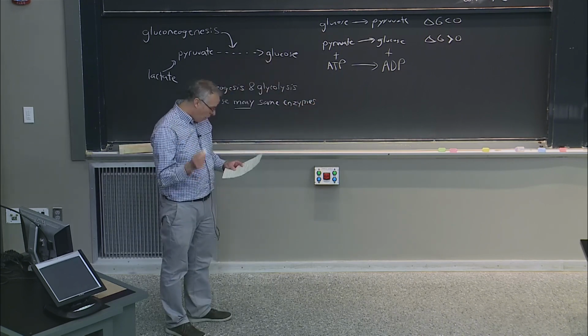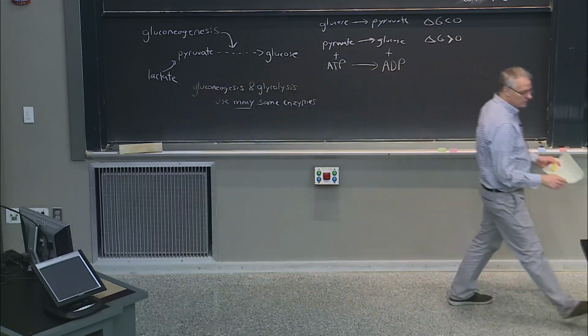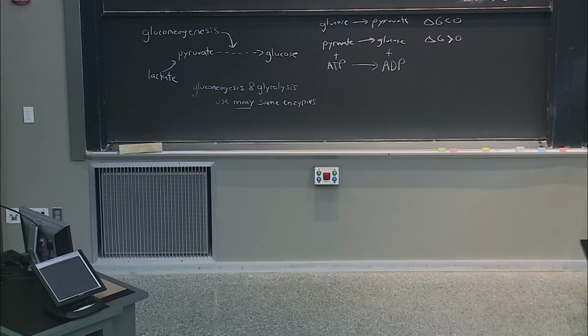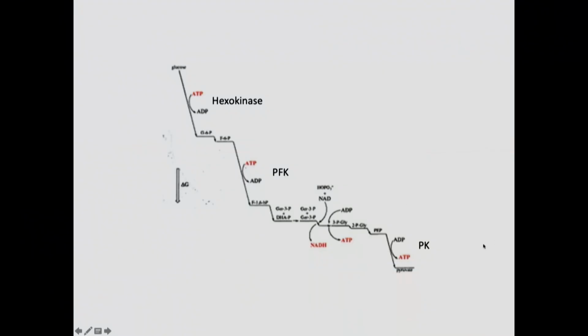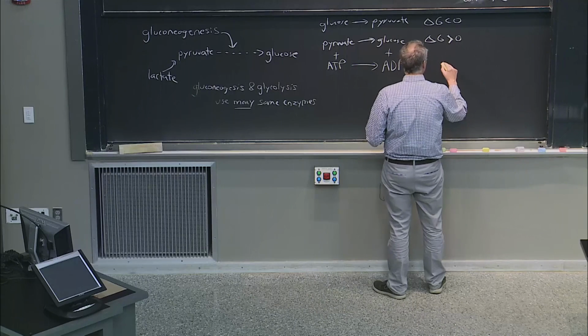However, not all of the enzymes are the same, because we need different enzymes if we're going to get around the hexokinase, phosphofructokinase, and pyruvate kinase steps of the pathway. And so for gluconeogenesis, we essentially need 4 new enzymes in order to get past those places.